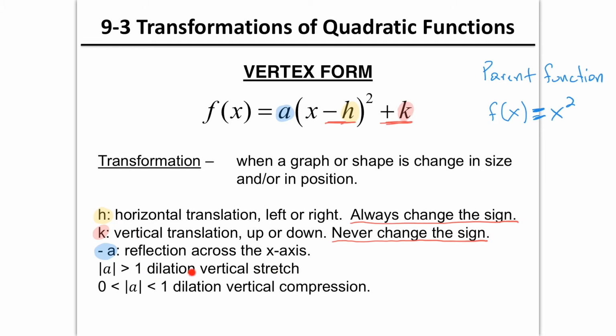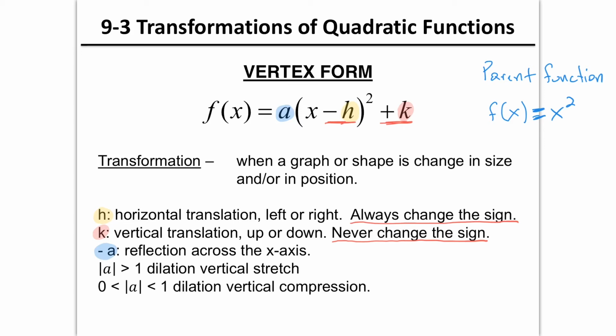Now dilation is more for geometry. They use dilation in their vocabulary. In Algebra 1, we don't use that word. We just say vertical stretch or vertical compression, but it is technically a dilation. So you will hear me say vertical stretch. I won't use the word dilation, but keep in mind for geometry, you will see that word again.